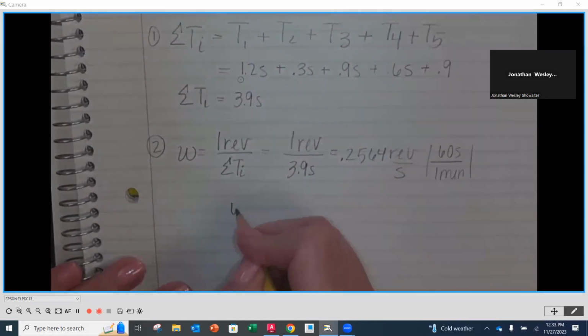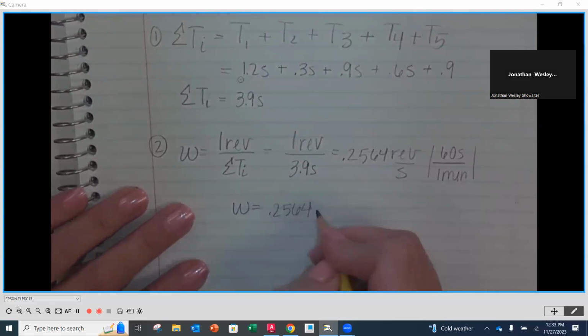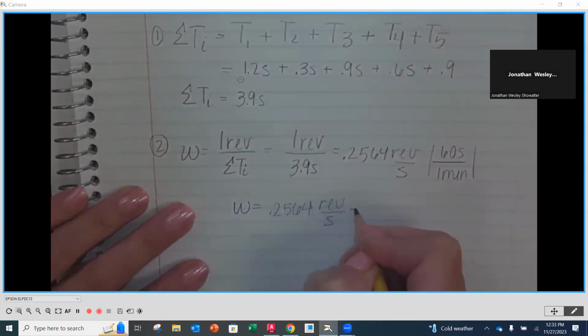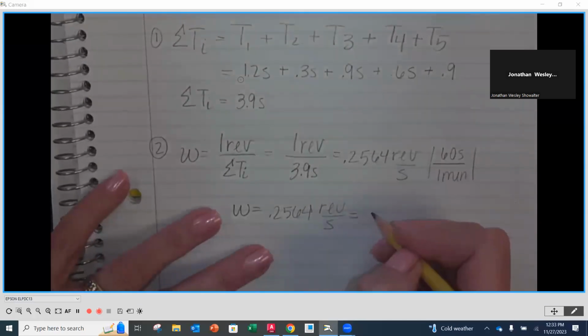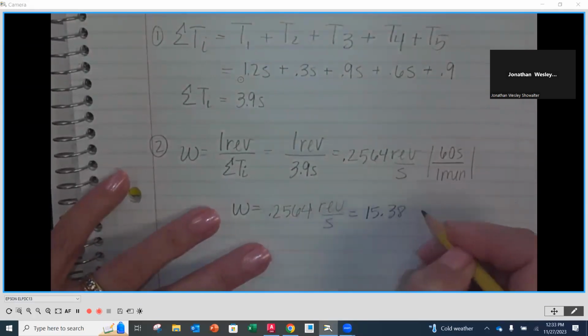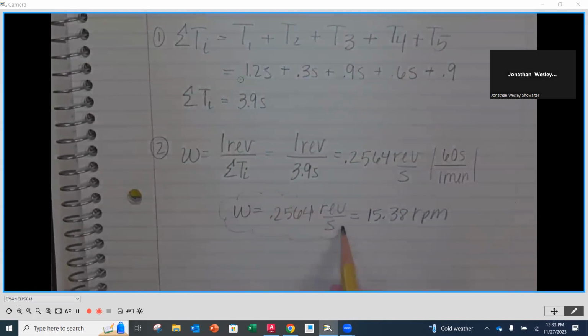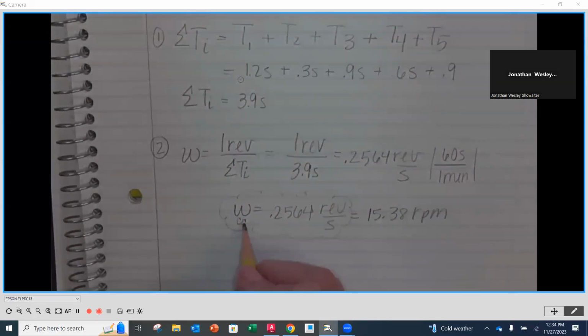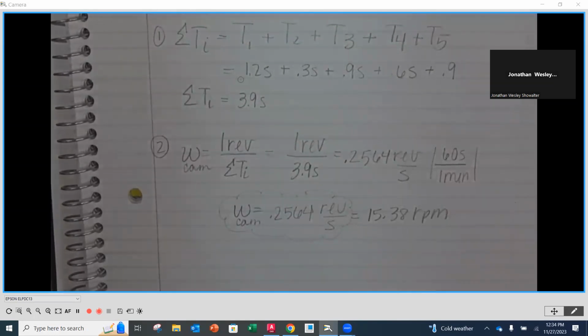So our ω is equal to 0.2564 revolutions per second, but it's also equal to, if we multiply that by 60, 15.38 RPMs. But this one, we're going to want to know. And this is of the cam. This is the ω of the cam.